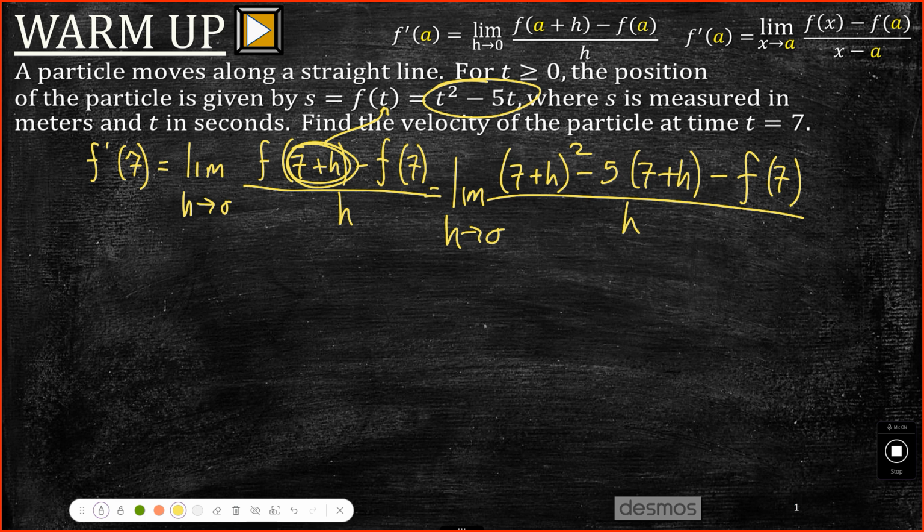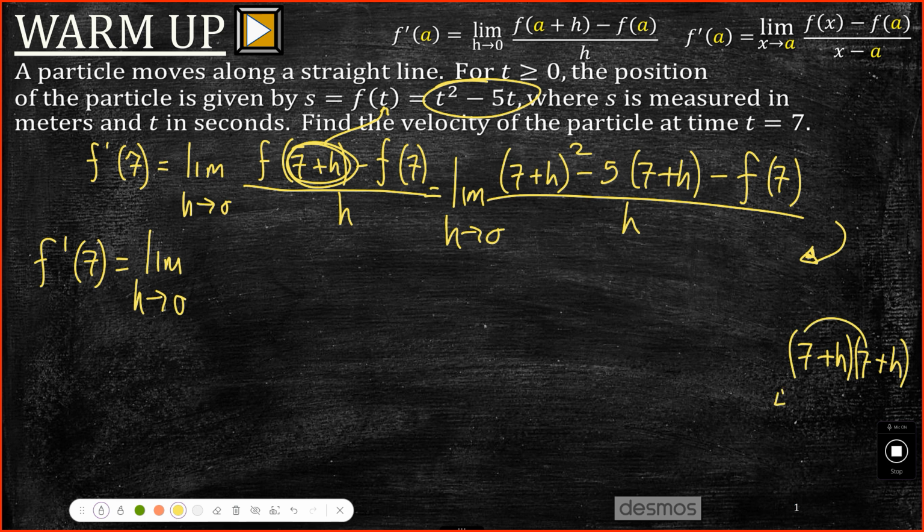Okay, so from there, f prime at 7 is going to equal the limit as h approaches 0. Now you've got 7 plus h squared. That's algebra here. Let me do this on the side. We have 7 plus h times 7 plus h, because you've got 2 of them, and you're going to FOIL this.